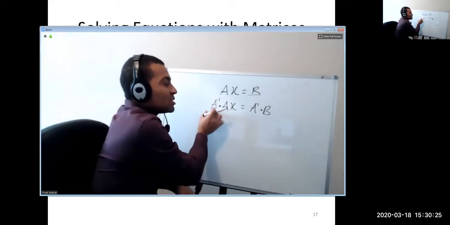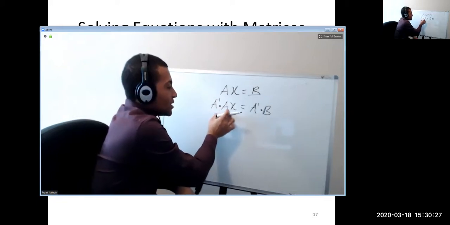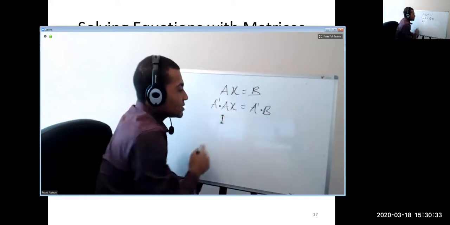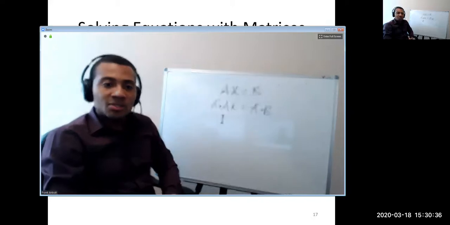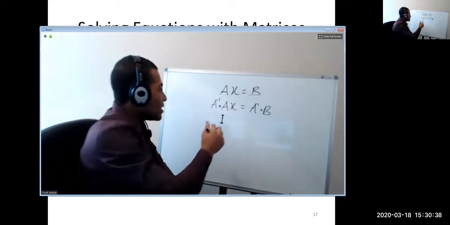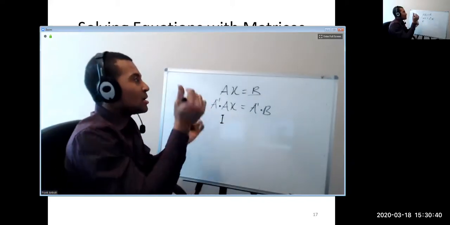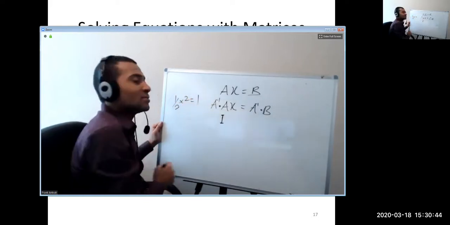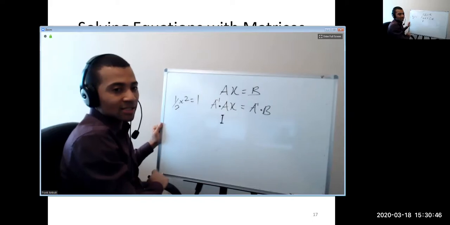a matrix and its inverse, when you multiply that together, will give you what we call the identity matrix. Okay, we'll give you I there. So it's like saying half times 2 will give me 1. And 1 is essentially the identity matrix.